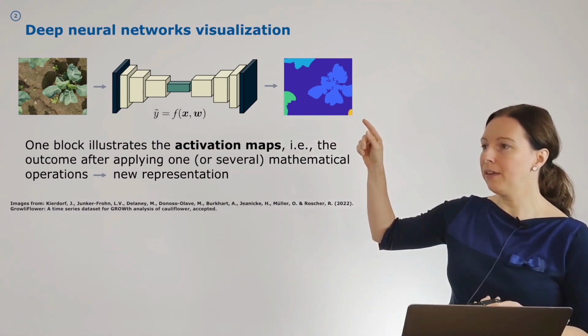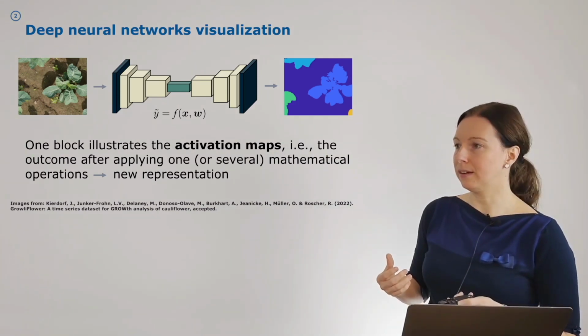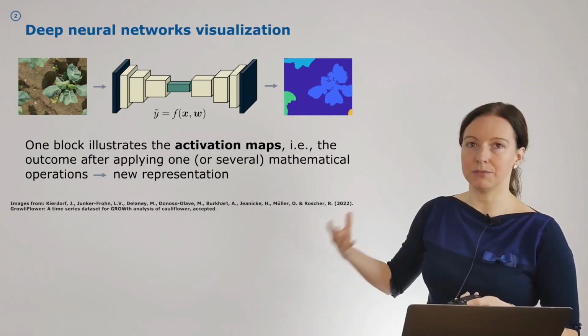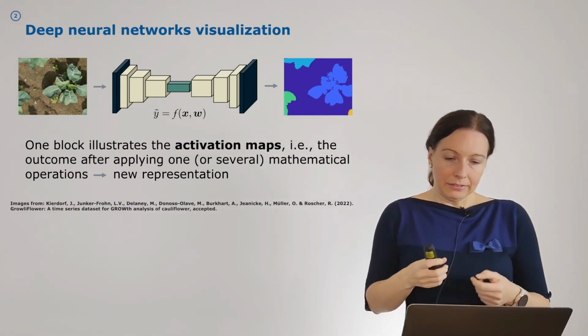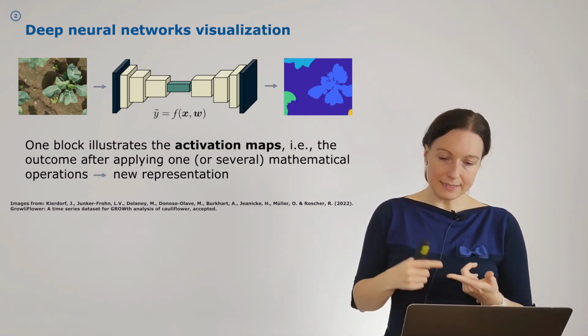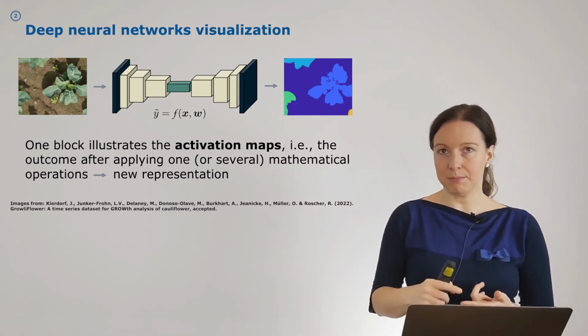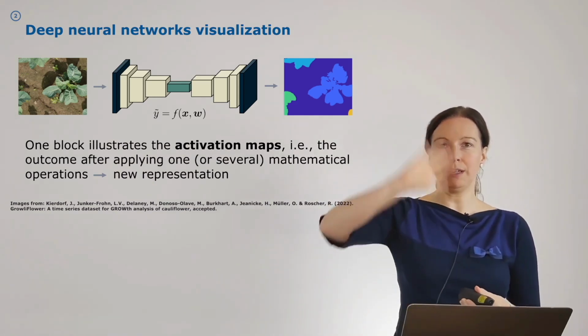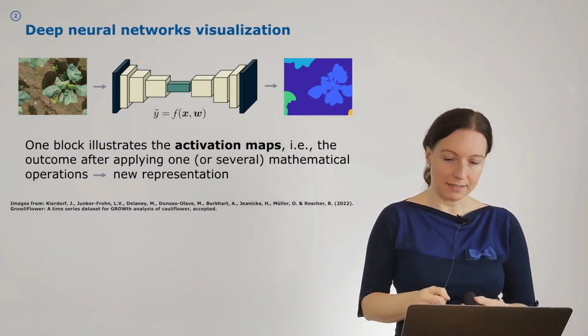So for each object you have a different index. So the output in our case is an instance segmentation, and the dimension is the size of the image times 1, because you only need one channel to have the number of the instance in there.